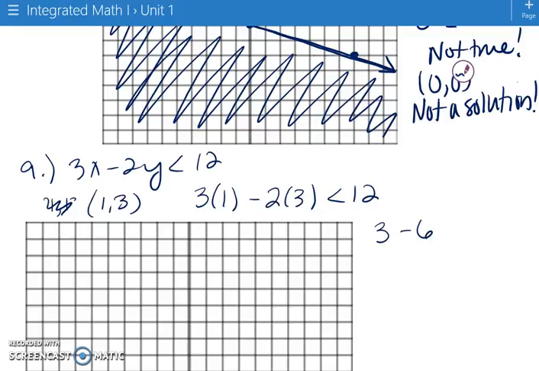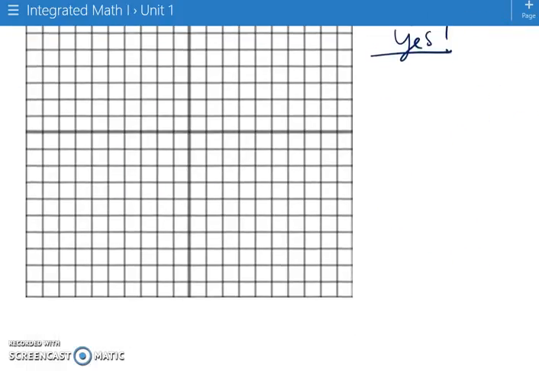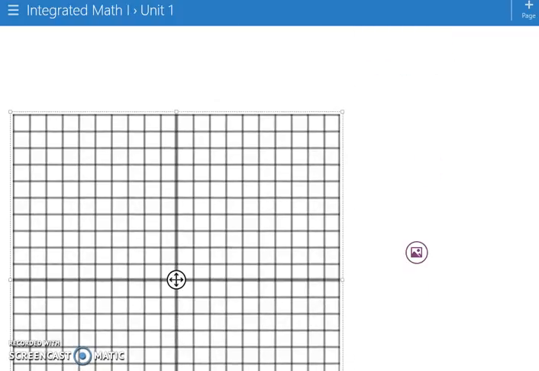So that would be 3 minus 6 is less than 12. So obviously we get -3 less than 12. So yes, this is a solution. So you want to test points until you find one that is not a solution. Make sense? As I go through this also, if you have any questions, write it down. We'll cover it tomorrow.